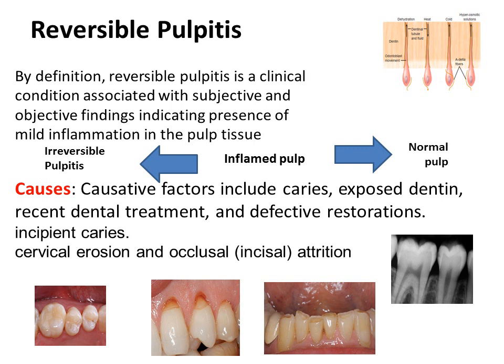So by definition, reversible pulpitis is a clinical condition associated with subjective findings, what the person feels, and objective findings, what you will find, indicating the presence of mild inflammation of the pulp. This mild inflammation can progress to irreversible pulpitis if neglected, while if it is treated, it can go back to its normal situation.